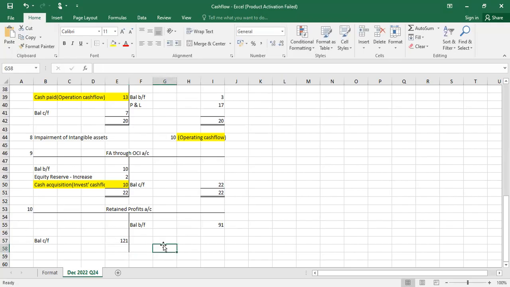The first thing that obviously makes this account change is, if you go back to the P&L for the current year, we made some profits for the year. The profit for the year, the final figure in that P&L, we are told is 67. Normally, what makes the retained profits change?